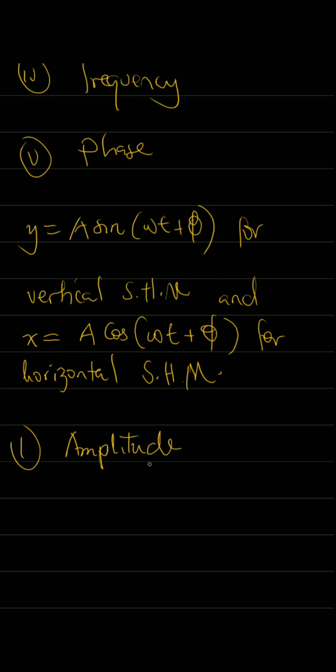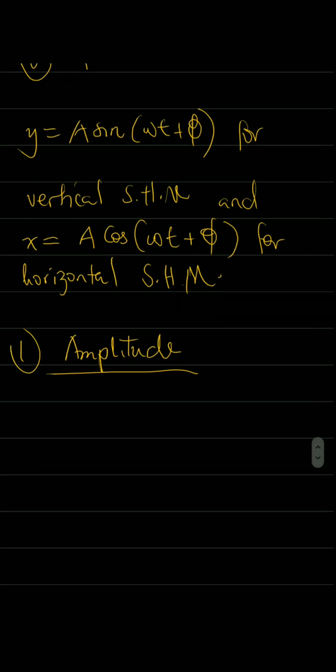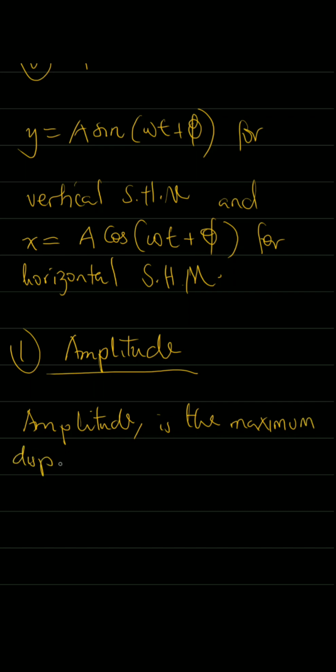So let's look at the amplitude. Amplitude is a length, which is abbreviated by a capital letter A. This amplitude talks about the maximum displacement from the mean position to the extreme points. For a simple harmonic motion, an object will move from the mean position to the extremities.